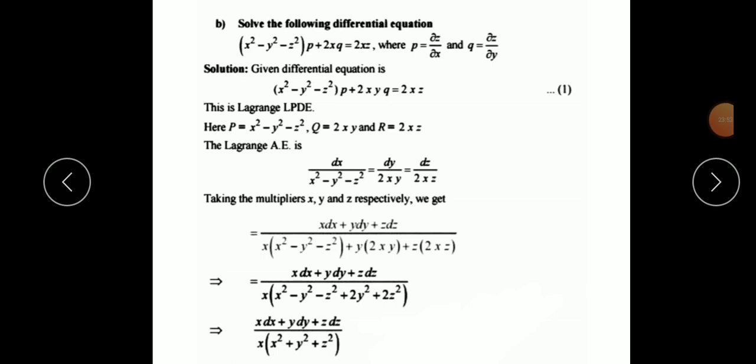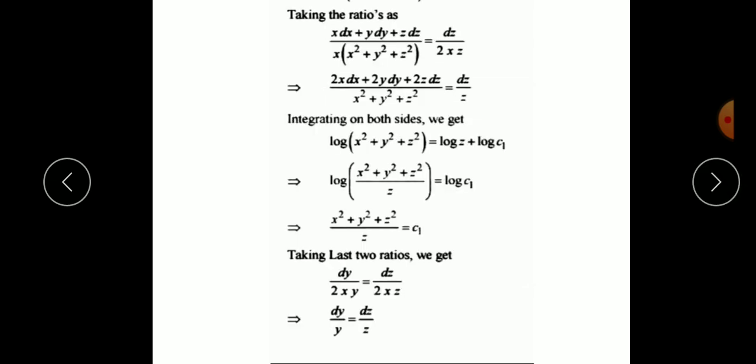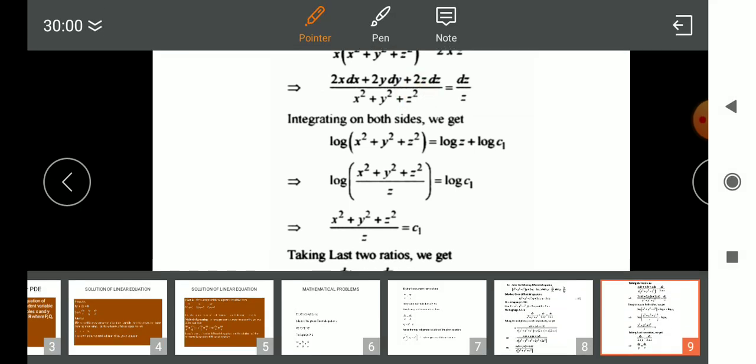So here x dx plus y dy plus z dz upon x square plus y square plus z square, taking the ratios, this is equal to 2x dx plus 2y dy plus 2z dz upon x square plus y square plus z square is equal to dz upon z.